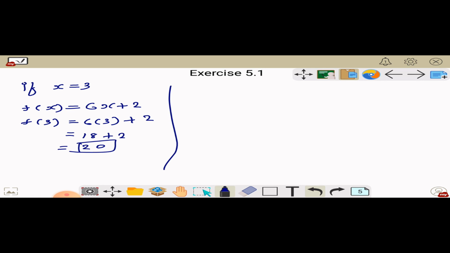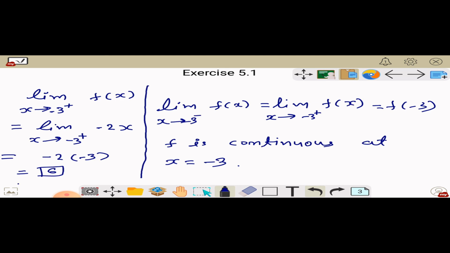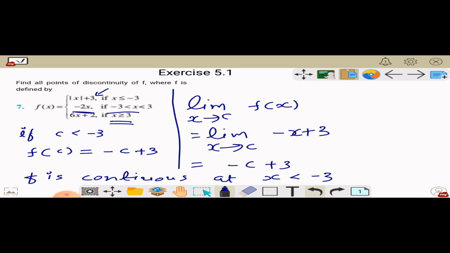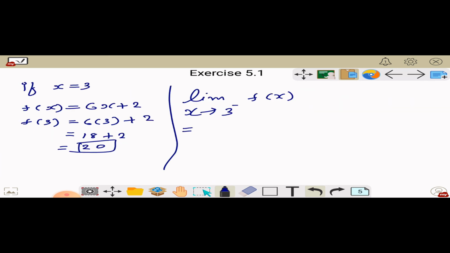Now let us find left limit and right limit of the function. So limit x tends to 3 minus f of x. Now what is our function f of x whenever x is less than 3? Whenever x is less than 3, our function f of x is equal to minus 2x.